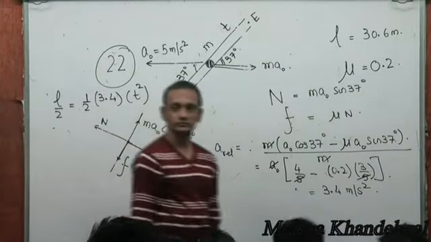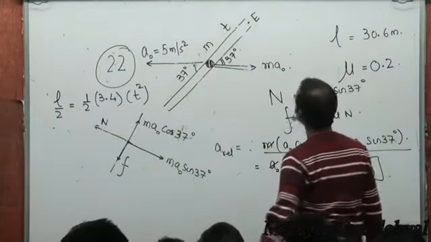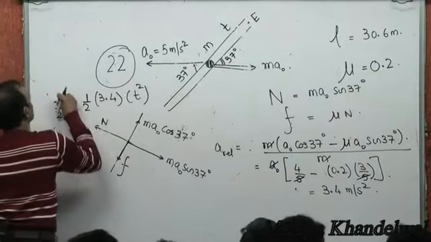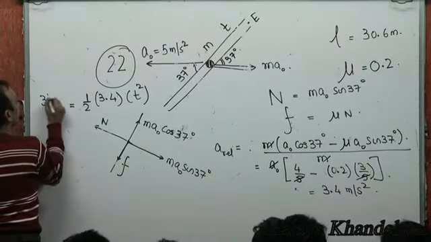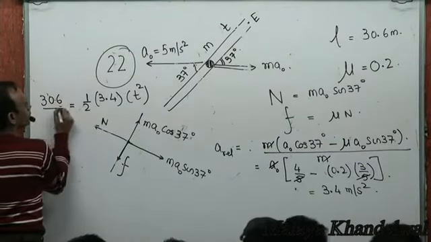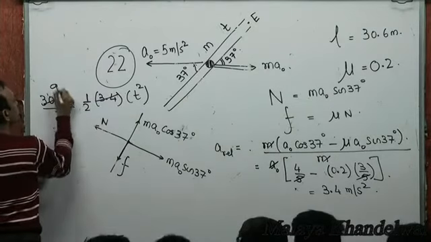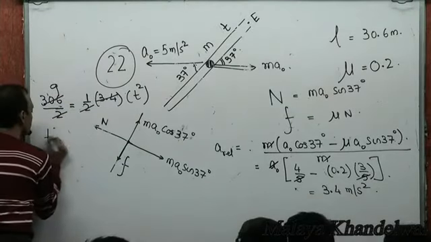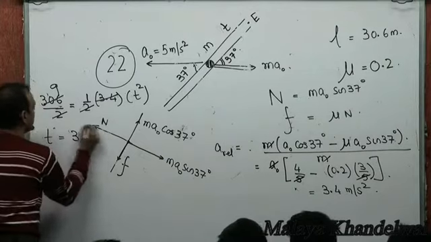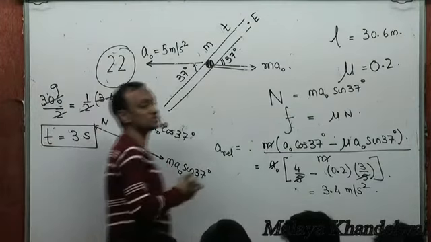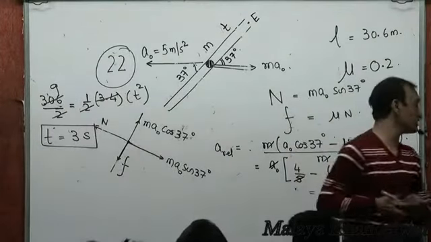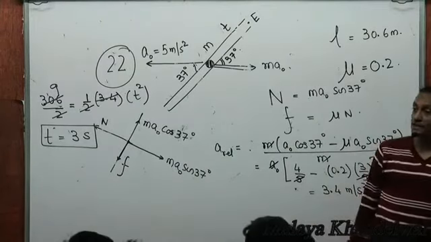What is L given to be? 30.6. So this will give t squared as 9. T then will be 3 seconds. It takes 3 seconds for it to escape the rod.